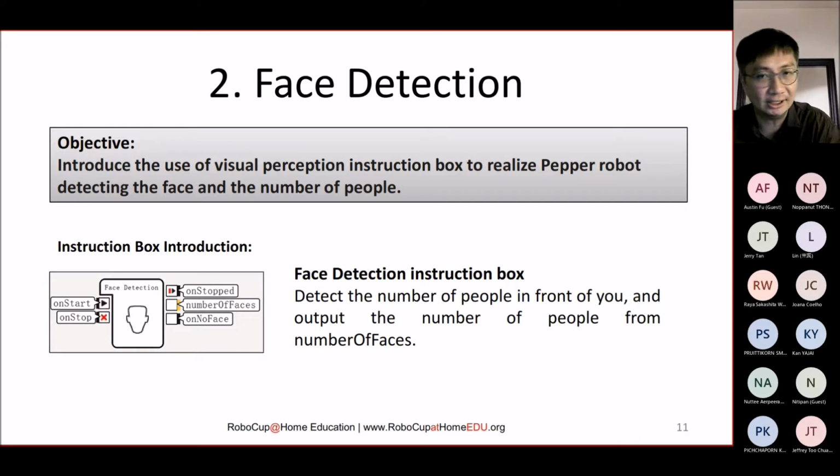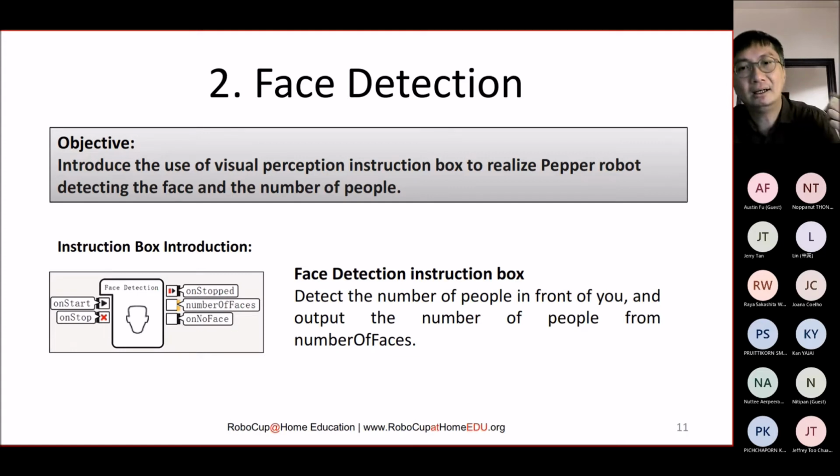So over here you have on no face, which means if nobody is standing in front of Pepper, or Pepper cannot detect any face in front, it will give you a signal that it didn't detect anything. Then you can continue looking until the robot is able to get any faces from the environment.